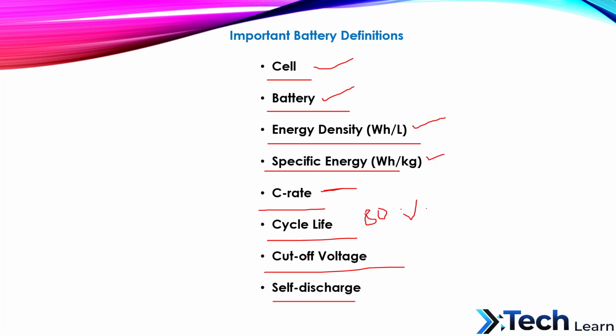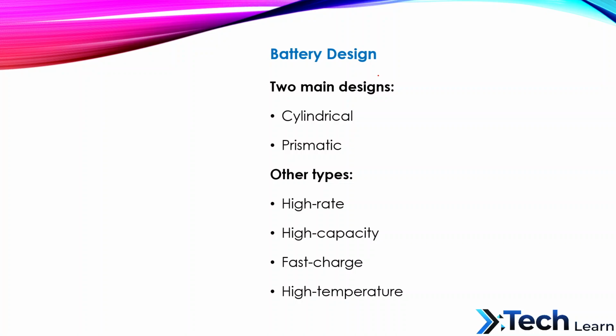Cutoff voltage is the voltage at which the discharge stops. Self discharge is the capacity loss during storage. These are some important battery definitions that we are going to use wherever we are using cells and batteries.